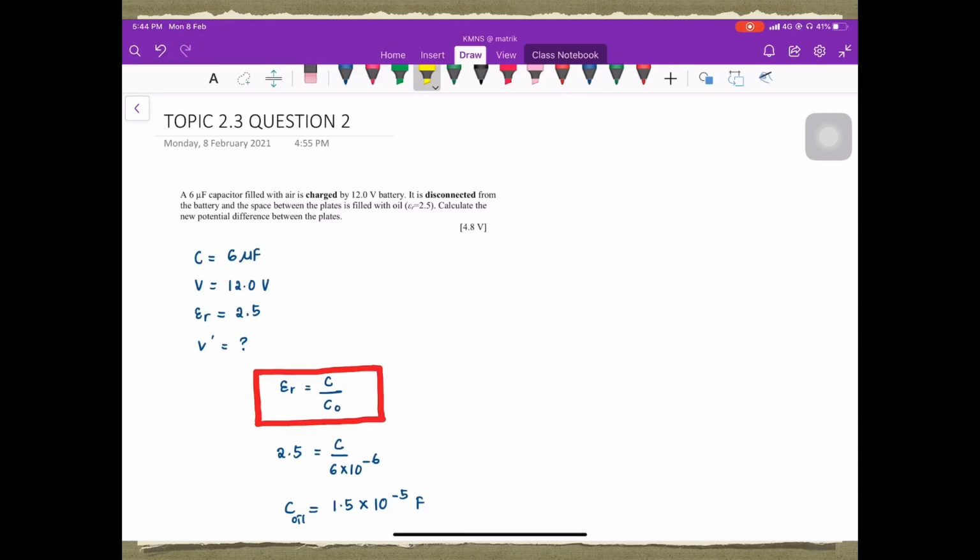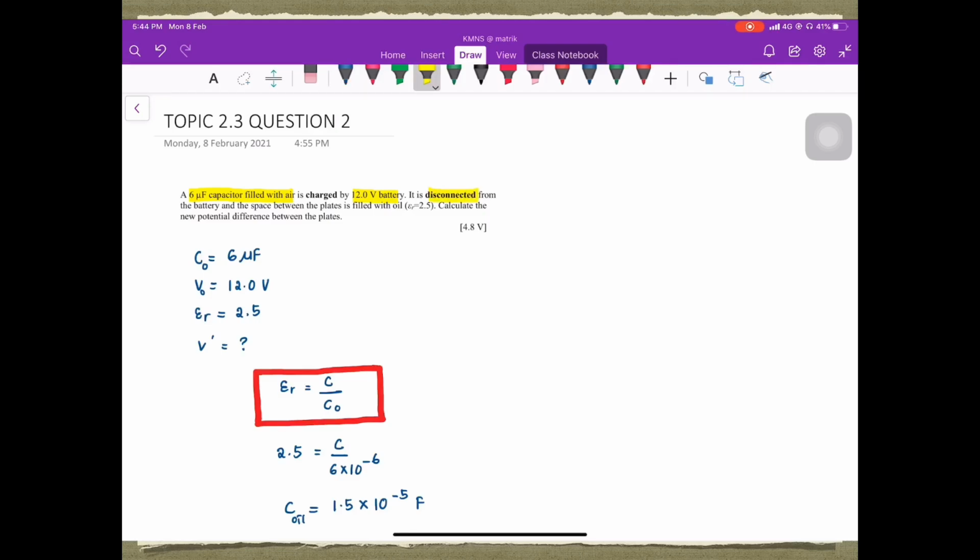A 6 microfarad capacitor filled with air. So we can consider this value as the capacitance with air. And then it is charged by a 12 volt battery. So consider this the potential difference in air. Then it is disconnected.